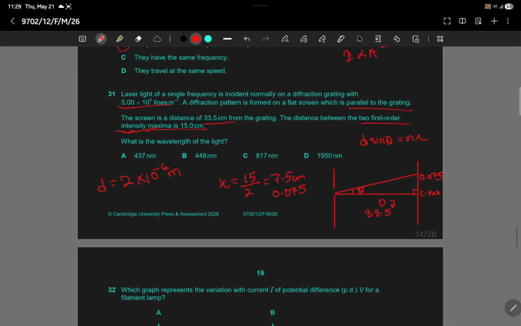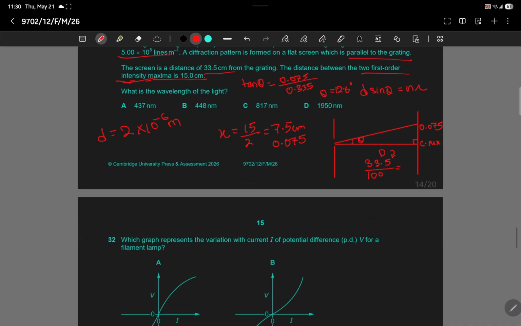If we use the formula tan theta, we get 0.075 divided by, converting to meters, 0.335. So theta comes out to be 12.6 degrees.